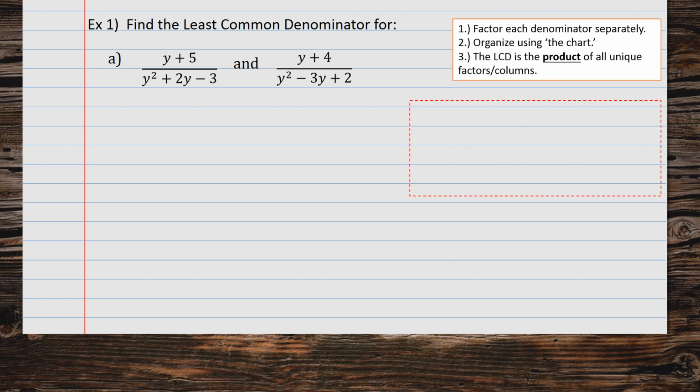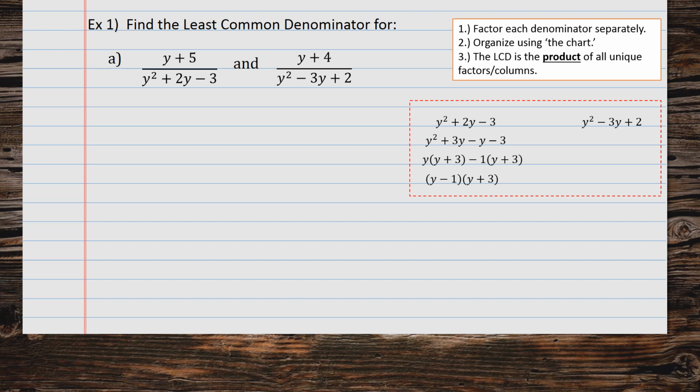Step 1 is to factor each denominator separately. So on the side of our paper, we're going to look at the first denominator. We're going to use the AC method and expand it, do factor by grouping, and we find that it factors into y minus 1 and y plus 3. Now we need to factor the other denominator.